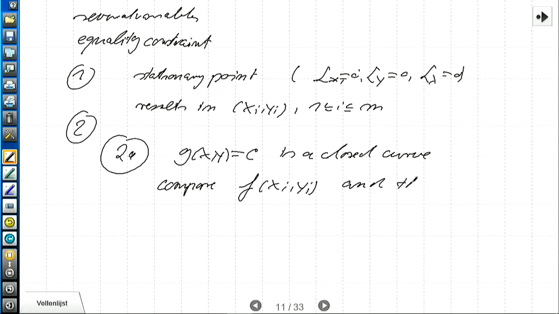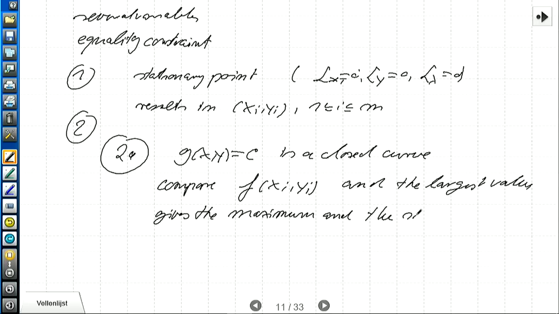What you do is you compare the objective function values f(x_i, y_i). The largest value gives the maximum, and the smallest the minimum. Right? That was one scenario.